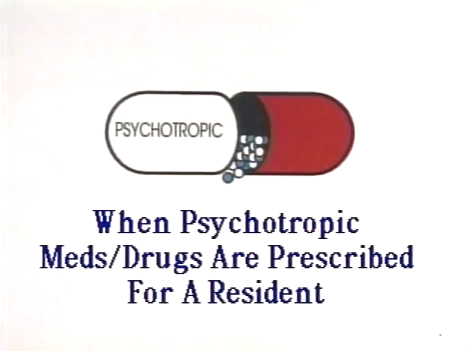Under J, when psychotropic drugs are being prescribed for a resident in a CBRF, the CBRF needs to do these things. First, they need to ensure that all staff who will be working with the resident or administering that medication are aware of both the benefits and risks of those medications. They need to have that education.